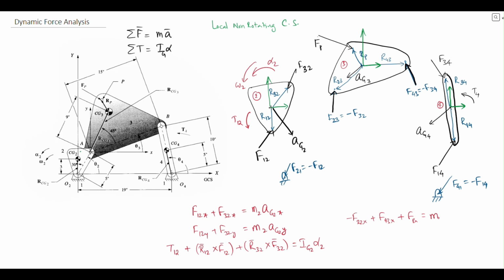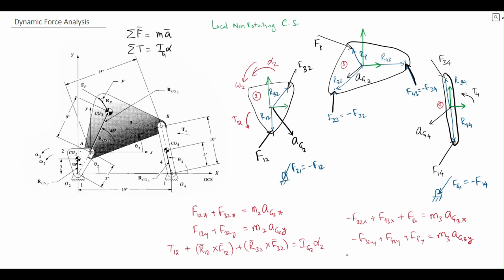This should sum up to M3 Ag3 in x direction. Similarly, we can write F32y, F43y, and Fpy. The sum of these should be M3 Ag3 in y direction.